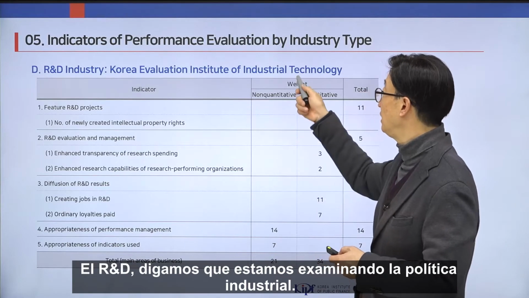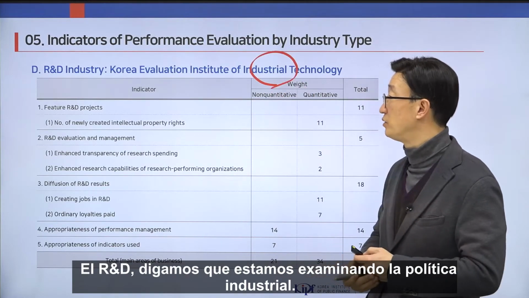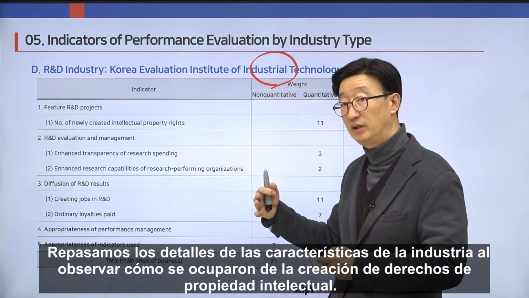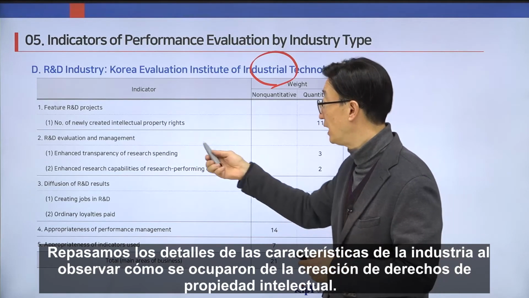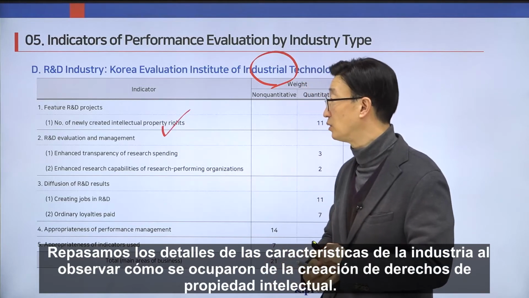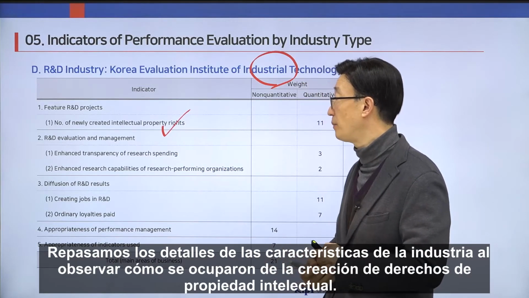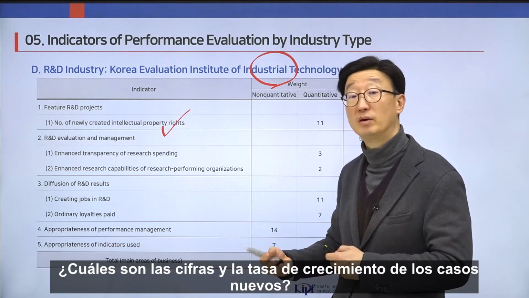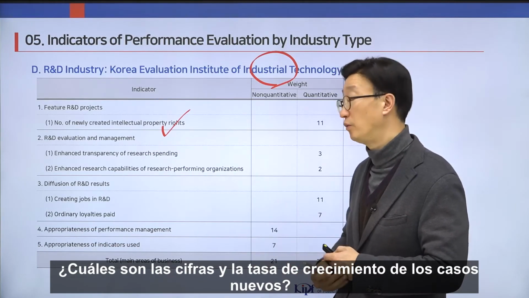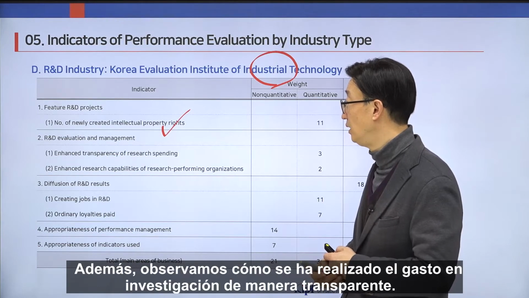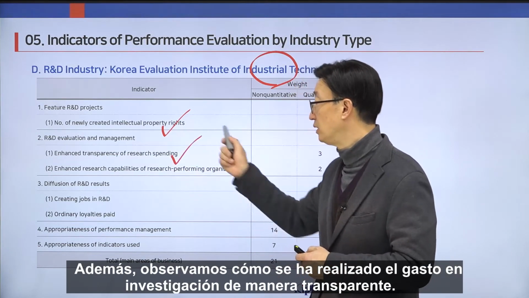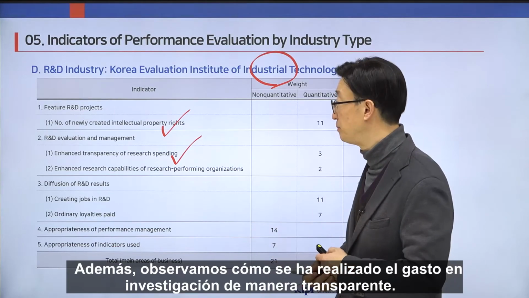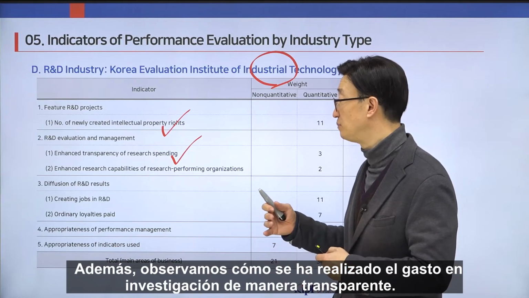R&D, let's say that we are examining industry policy. We go over the specifics of the industry's characteristics by looking at how they dealt with intellectual property rights creation, what are the numbers and what is the growth rate for new cases. Also, we look at how the research spending has been conducted in a transparent manner.